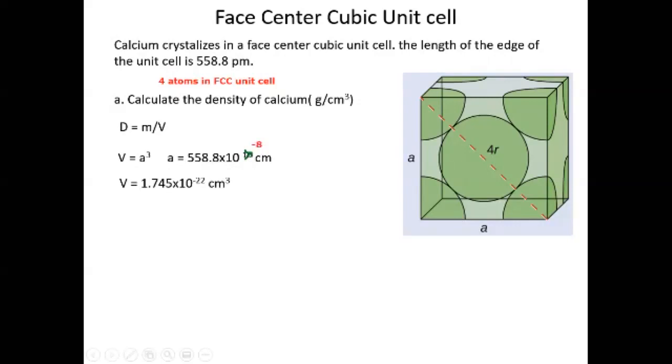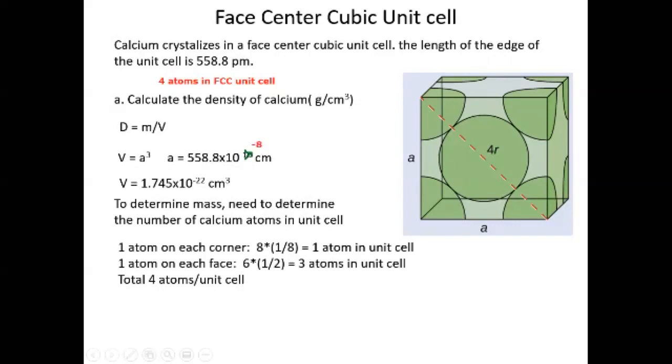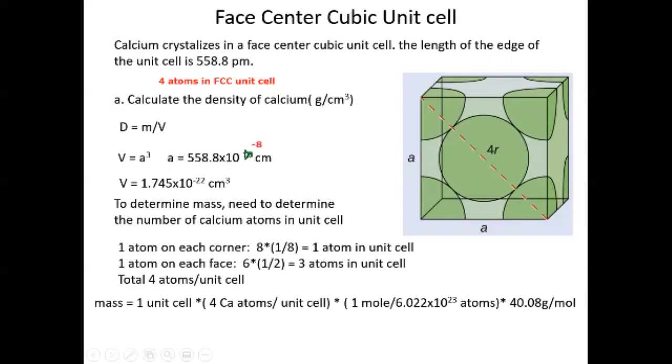We need to calculate the mass of calcium. So again, the total number of atoms in that face-centered cubic unit cell is 4. So now we can determine the mass of calcium. So again, 1 unit cell, there's 4 calcium atoms. We convert that to moles, multiplied by the molar mass. We get the mass of calcium in this unit cell.